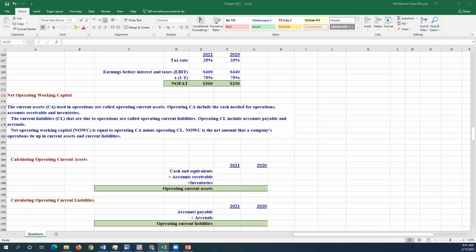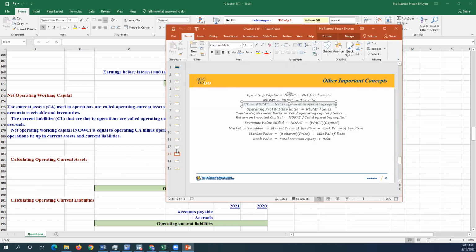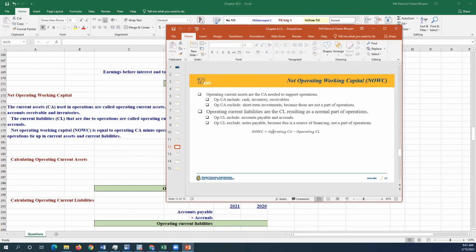And then here, as you can see here, operating current assets include all the current assets accounts except short-term investment accounts. On the other hand, operating current liabilities accounts include all the current liabilities accounts except the short-term debt accounts or current portion of the long-term debts accounts.